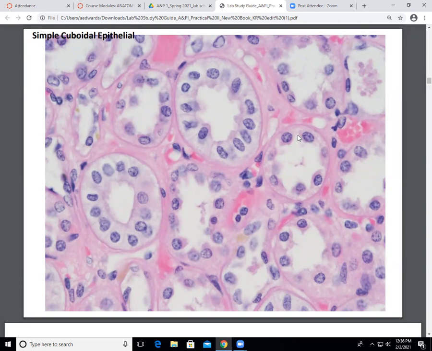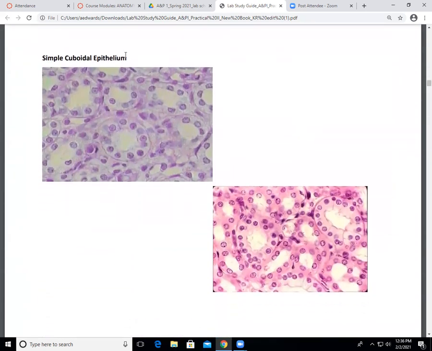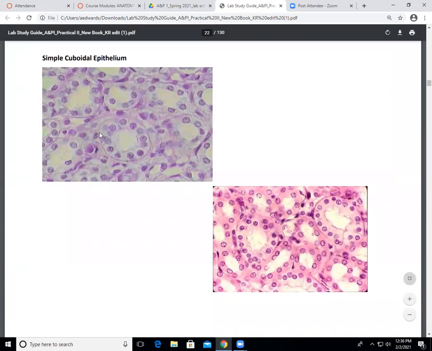But you're kind of training your eyes for what to see, right? Because I know if you haven't really looked at a lot of microscope slides, it just looks like a bunch of stuff. So I'm just trying to train you to know what to look for, right? All right, here's another one layer. It's cuboidal shaped. One layer, cuboidal shaped.